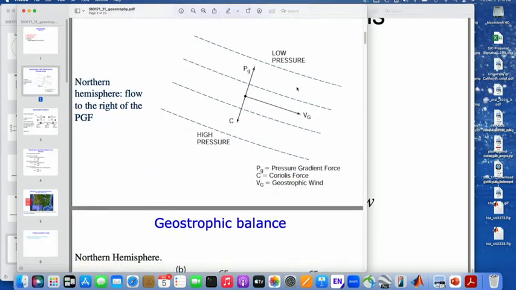Okay, here's geostrophy. How do you need to understand this? If these are lines of constant pressure, the flow in the northern hemisphere is such that it keeps the high pressure on the right of the flow.